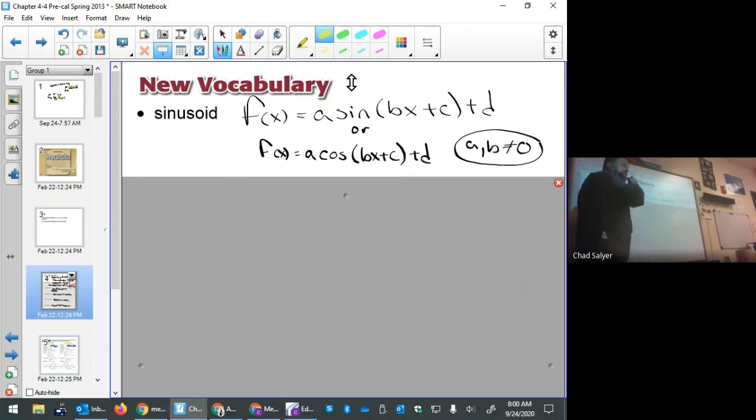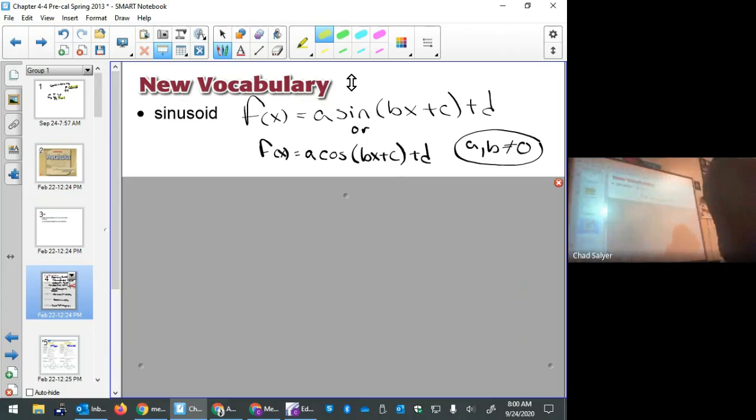Those are the only rules for the parameters. It's called a sinusoid. And whether you use the sine or the cosine, it still falls under the sinusoid name.